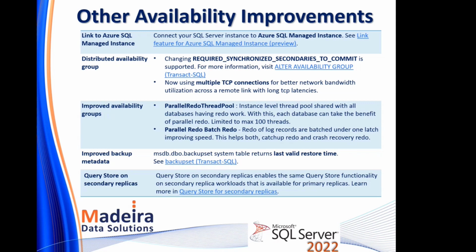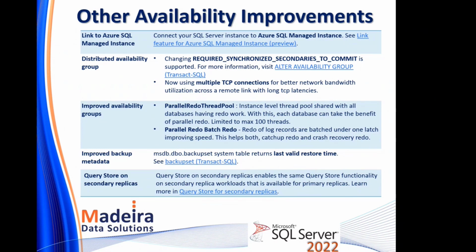There are improvements to distributed availability groups in SQL Server 2022, such as a new option called required synchronized secondaries to commit. That is something that was available in regular availability groups until now, specifying the minimum number of synchronous replicas that need to have their commit completed in order to finalize the commit.